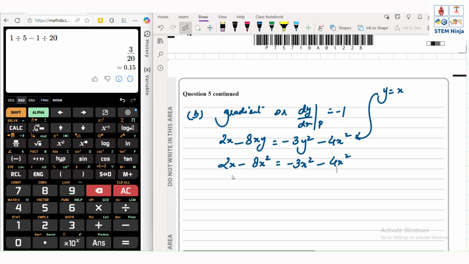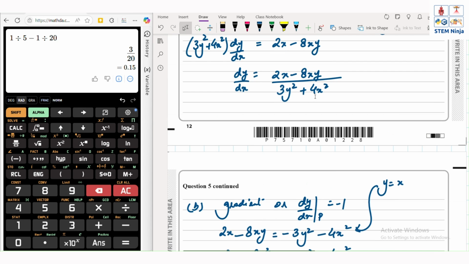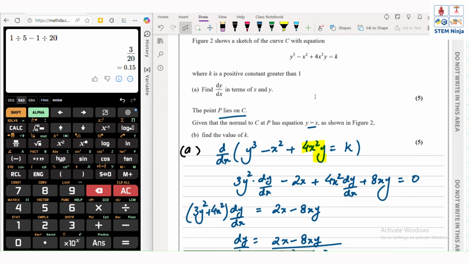So when we take everything on one side, 4 plus 3 minus 8, that is going to be 2x minus x squared equal to 0. So x(2 minus x) equal to 0. So either x is equal to 0 or x is equal to 2. So that means the x coordinate of P is 2, and y is equal to x also, so y is also 2.